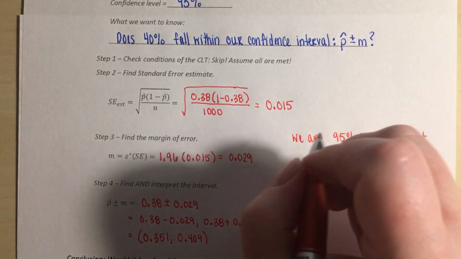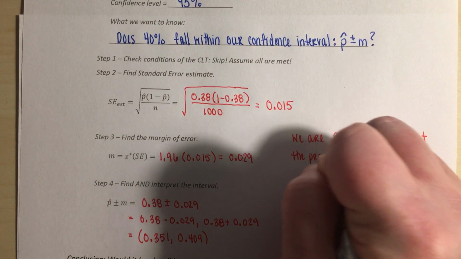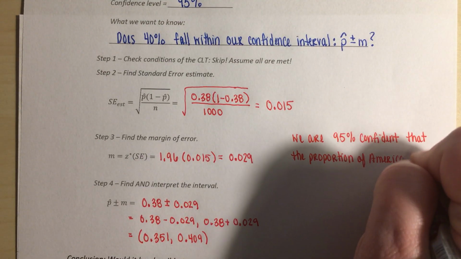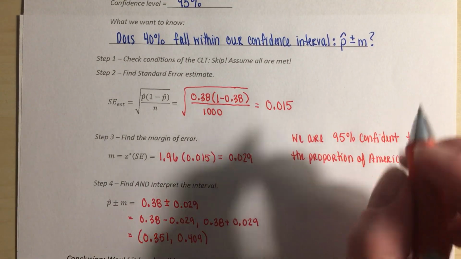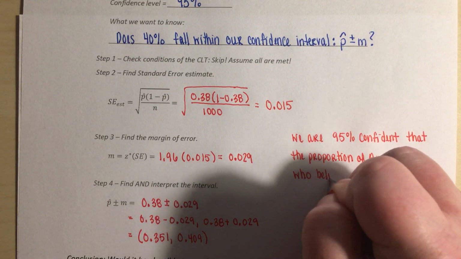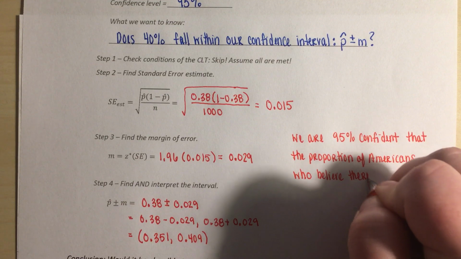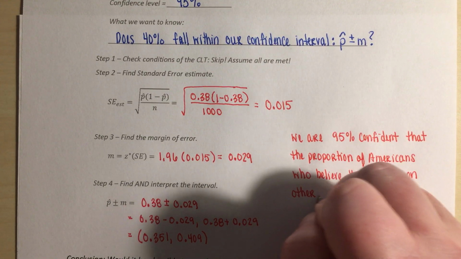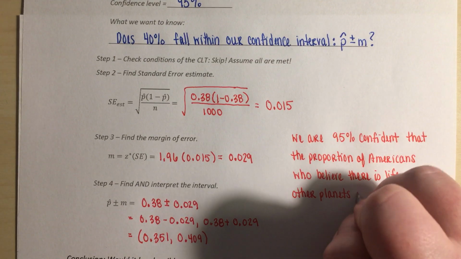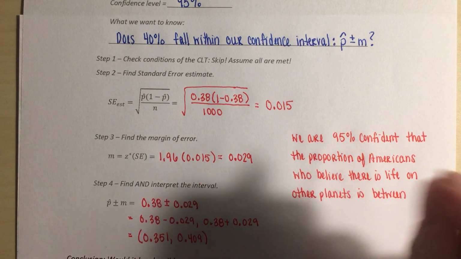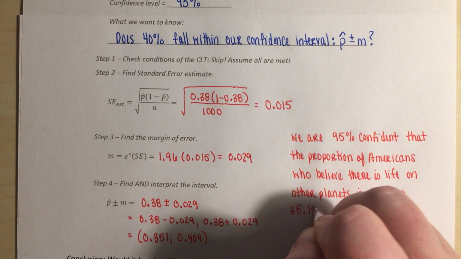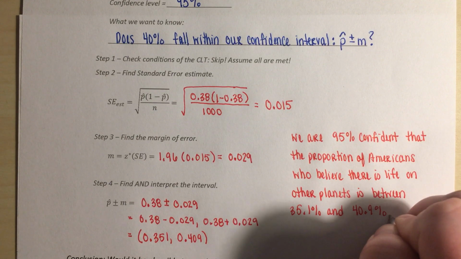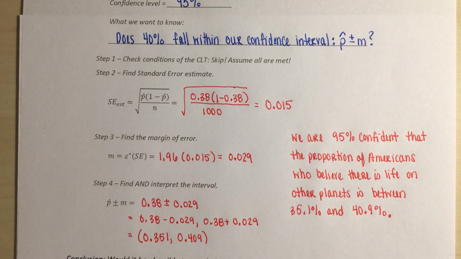That the proportion of Americans who believe there is life on other planets is between 35.1% and 40.9%. So there is our interpretation of our confidence level.